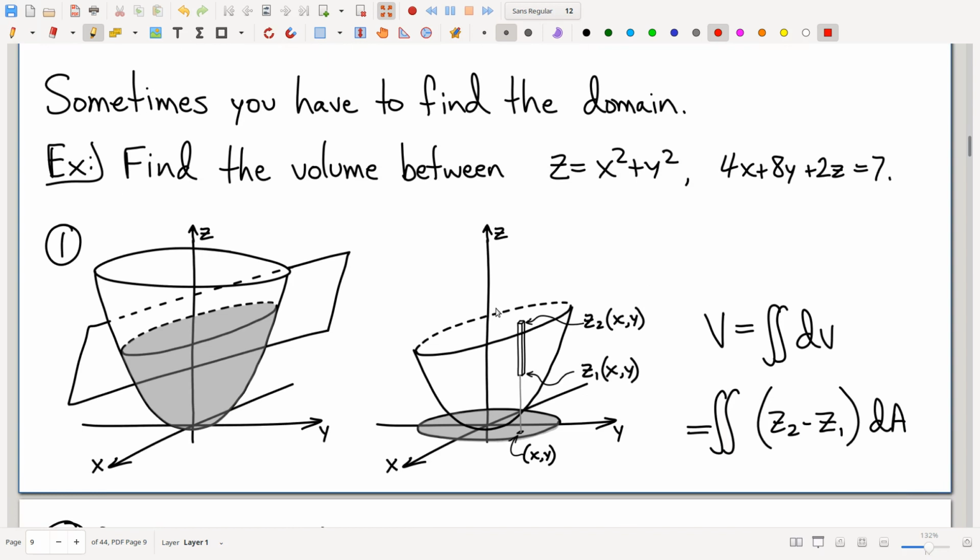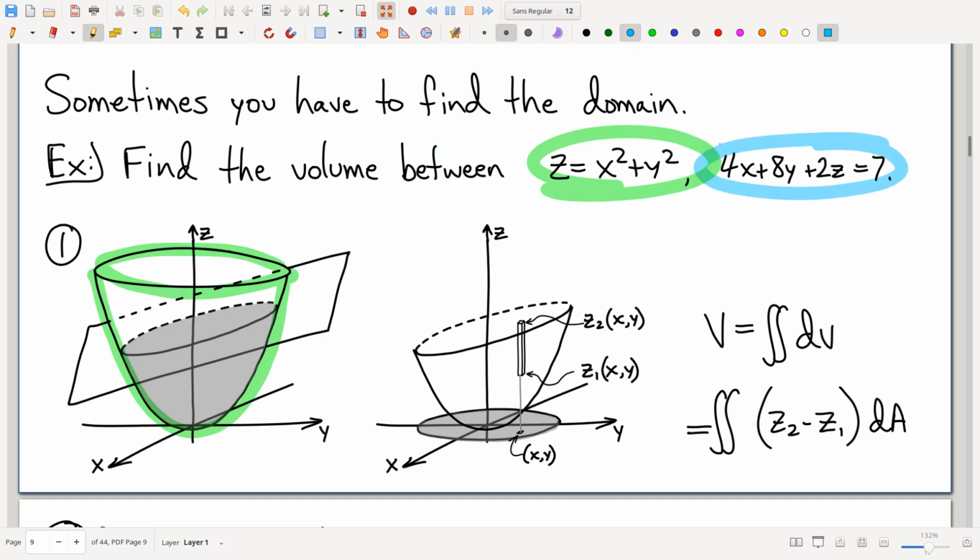Okay, next example. Sometimes you have to do a little bit more legwork to find the domain itself. Sometimes the domain's just not explicitly given. So here's an example for this. If I want to find the volume between this paraboloid and this plane, the volume between, you can see, is this region that I have shaded in gray down there.